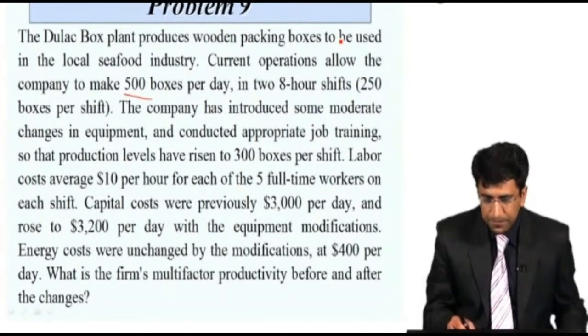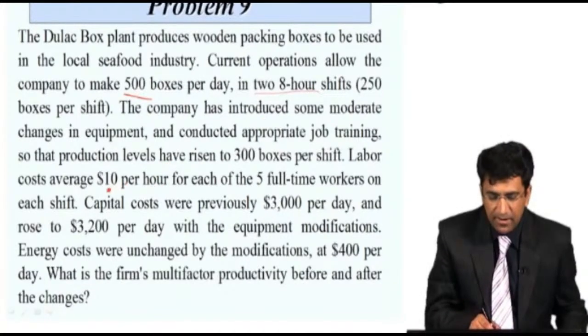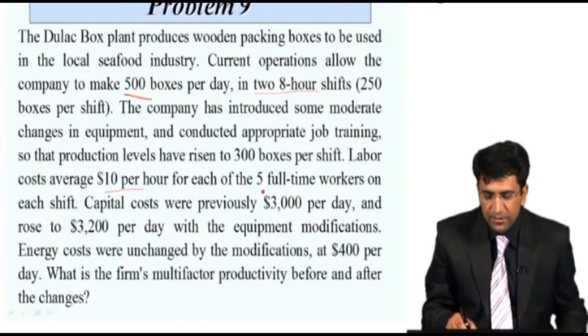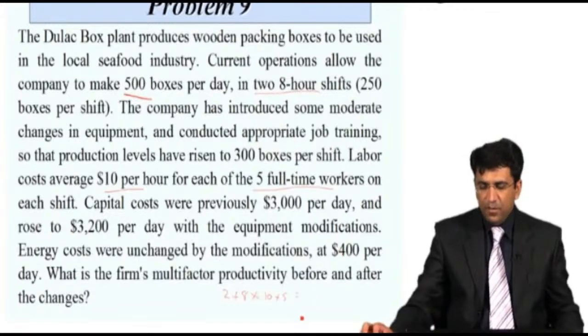We can multiply these values: 2 8-hour shifts, so 2 multiplied by 8, multiplied by 10, which is the wage rate, and multiplied by 5, the full-time workers. So the total labor hours will be 2 multiplied by 8 multiplied by 10 multiplied by 5. Students, total working hours in this case will be equal to this value.